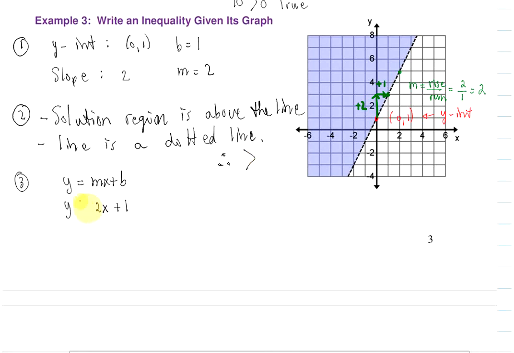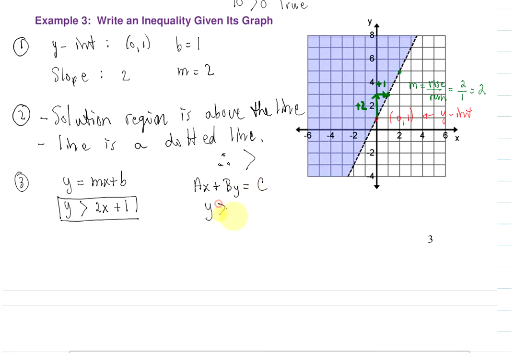And so I'm going to put greater than in here. And so I have an inequality of this graph in the form of y equals mx plus b.